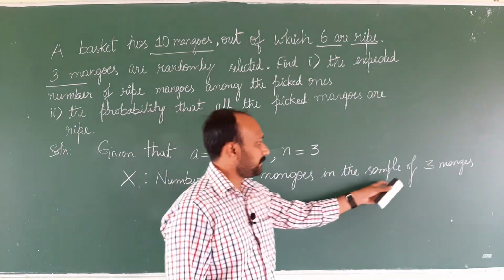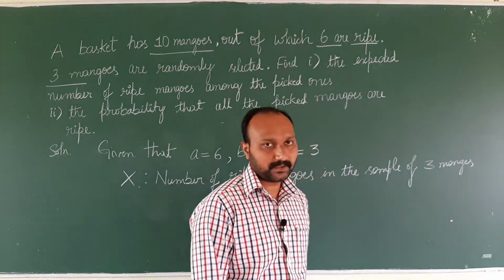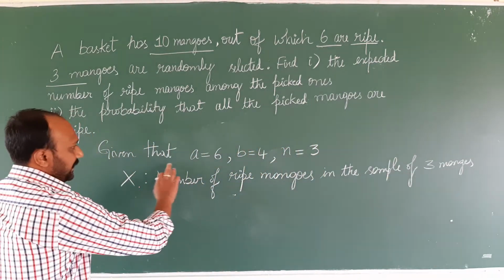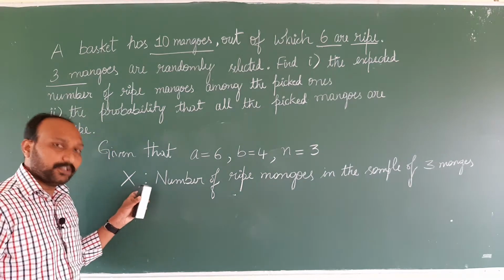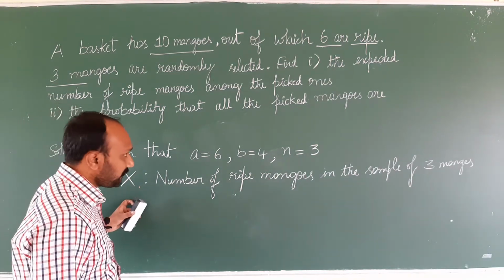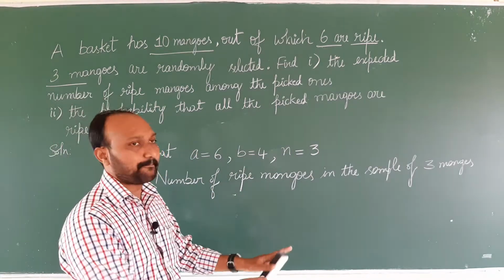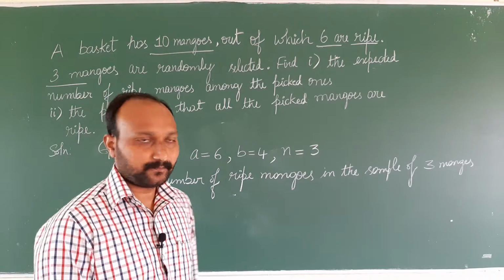For your information, I have written the sample size here. So first, after writing the given data, we have also defined the random variable. X is the number of ripe mangoes in the sample of 3 mangoes.